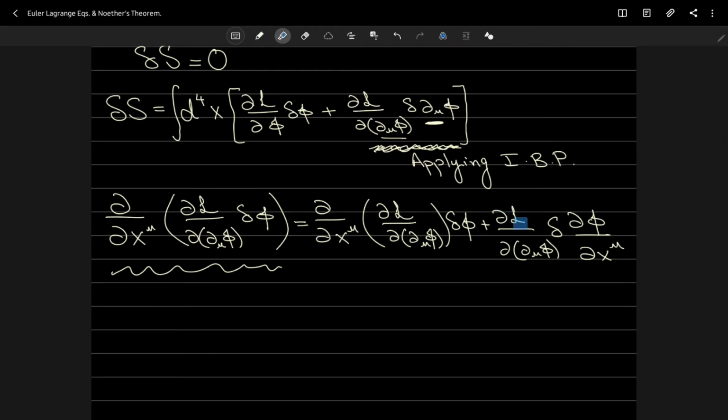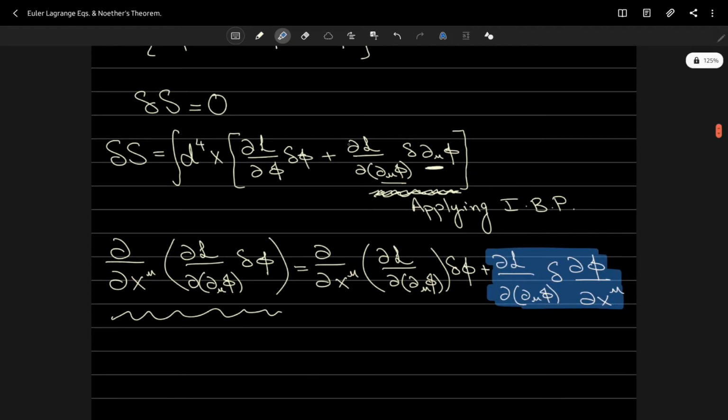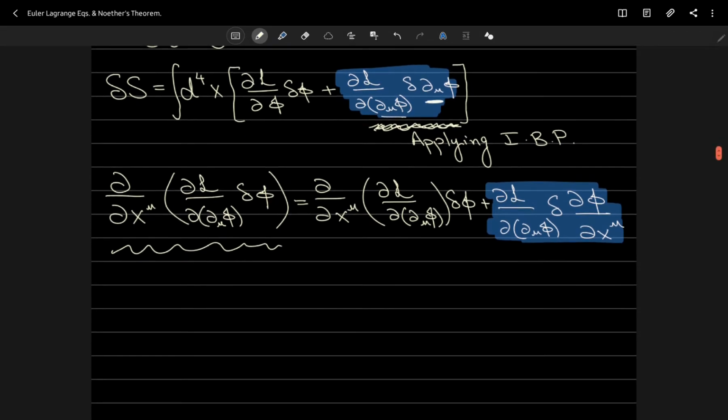this term over here, that is this one, is the same as this term over here, right? So what we can do is we will subtract this term from this term, right? So to get this term, right?